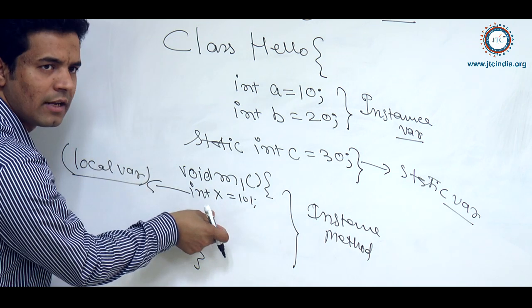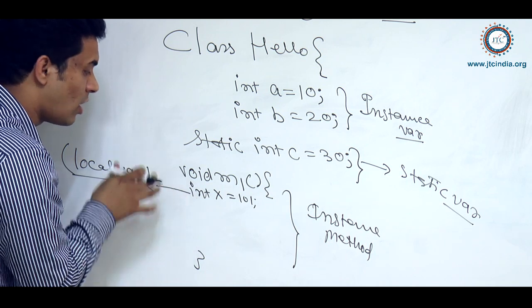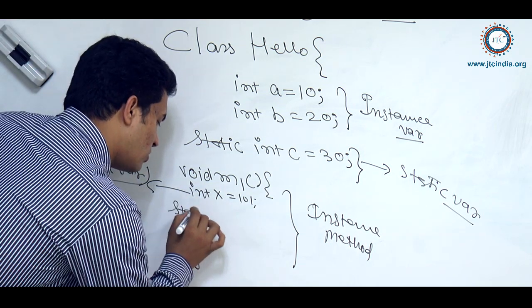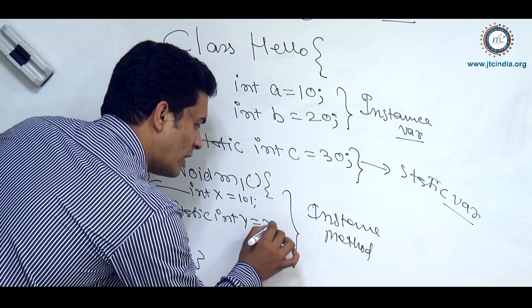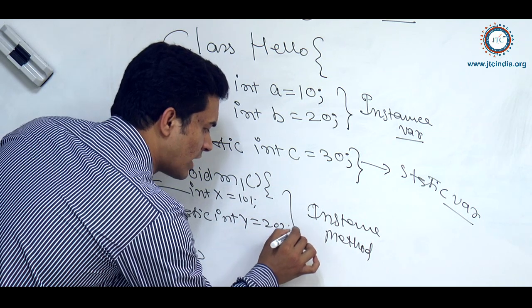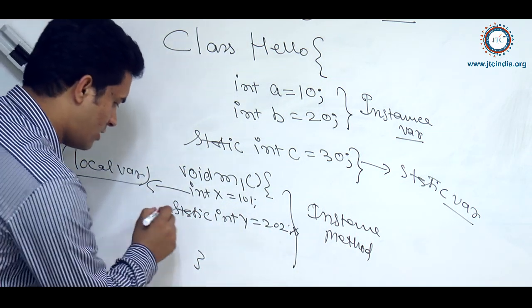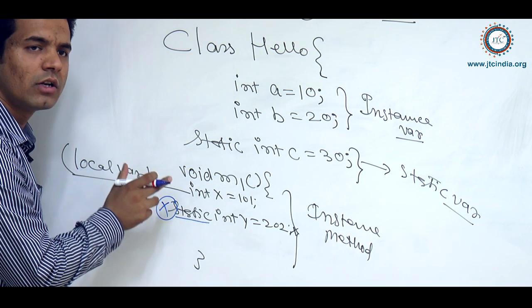It's a local variable, right? And when we talk about the static keyword, here we cannot use it. Static int y = 202, we cannot use it. It is an illegal declaration. We cannot write it here because the static keyword is not allowed inside any local context.